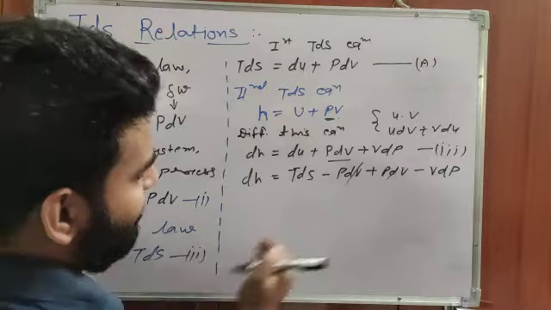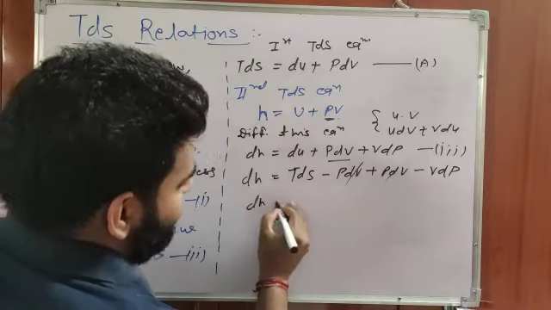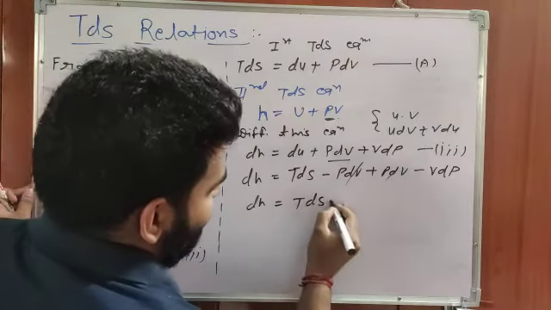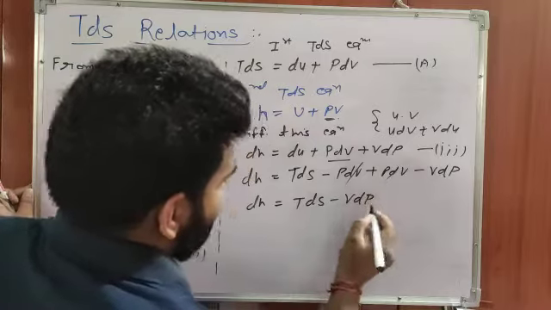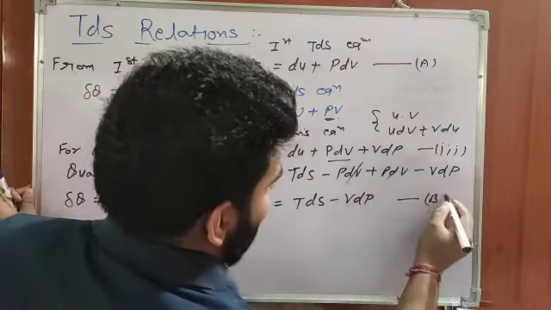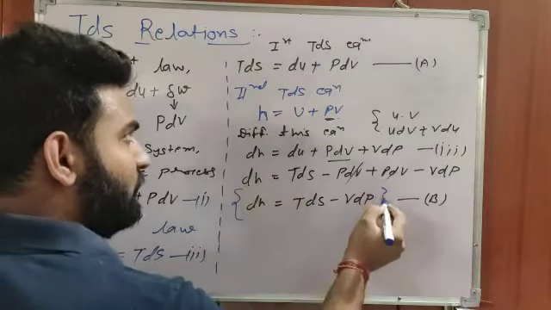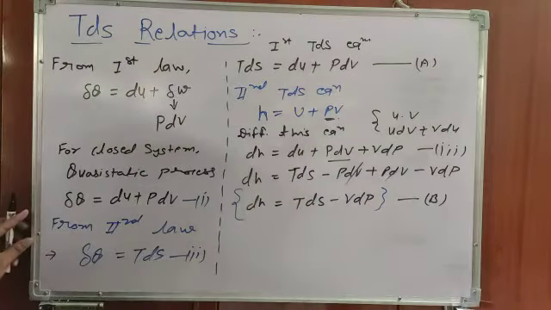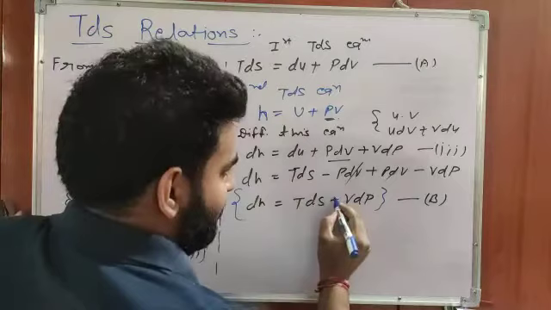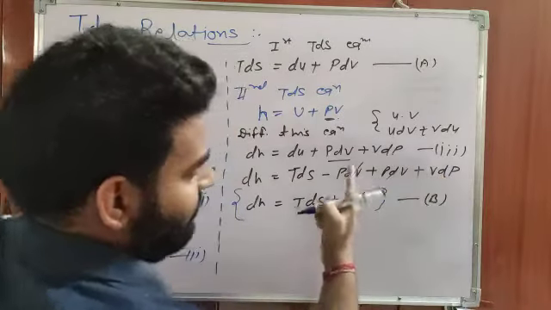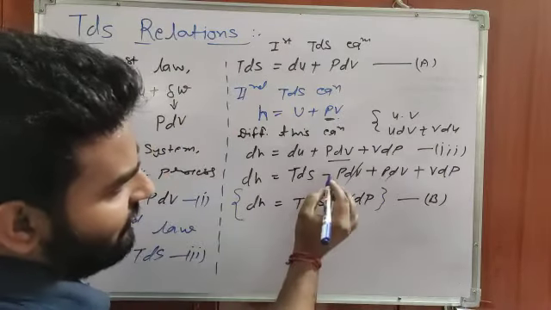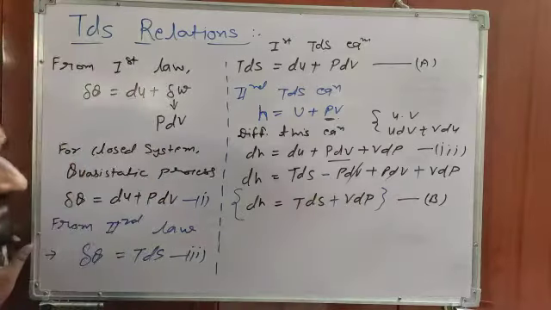Now what can we write for this equation? dH is equal to TdS plus V dP, because the sign is changed; here we had a minus sign.